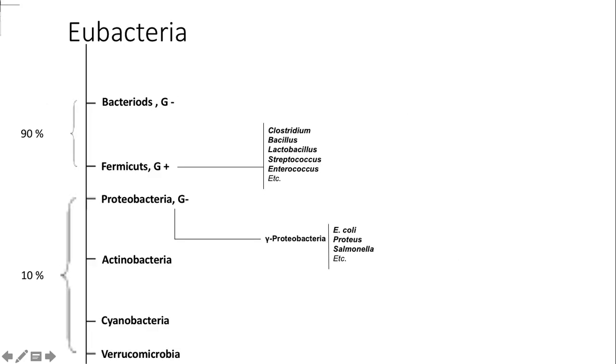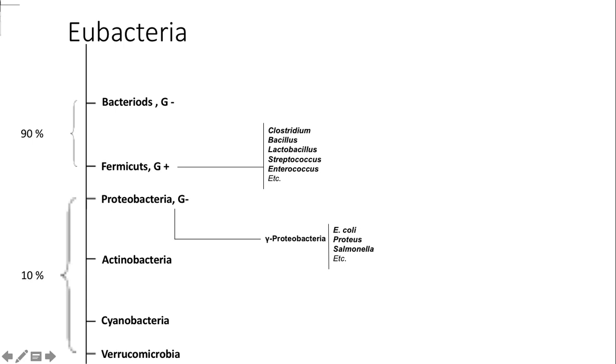This slide explains the types of the commensal bacteria that reside in the human host, and as we said, they include the firmicutes as well as the bacteroids as the commonest commensal bacteria in the gastrointestinal tract. They account for more than 90% of the microbiome in our bodies.